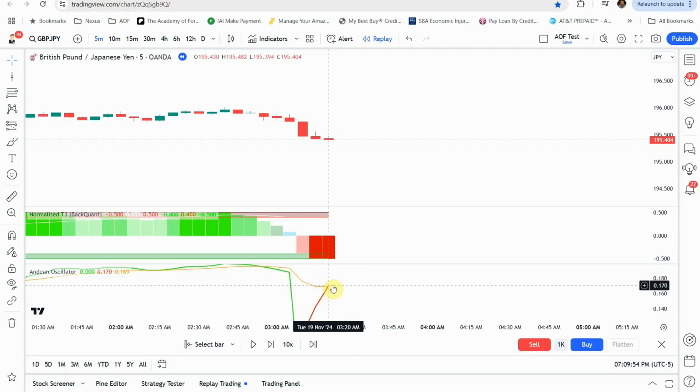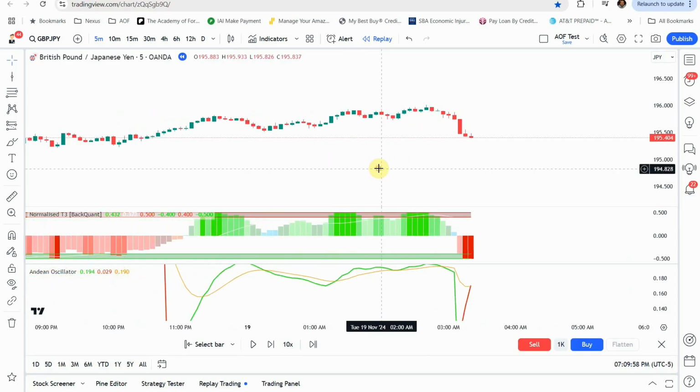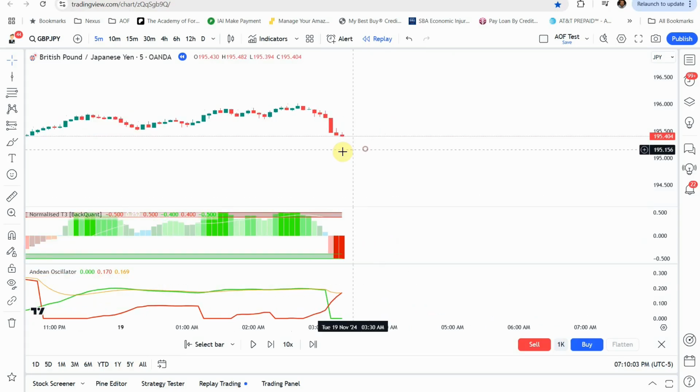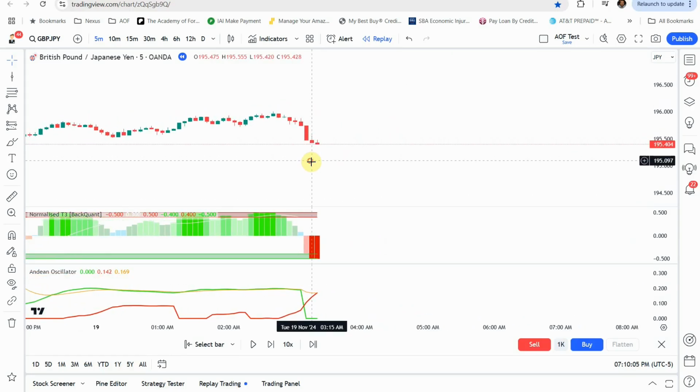That gives us confirmation of that cross. So we'll zoom back out here. Then, when we get the cross of the Andean oscillator, we look to the T3, and we want a red histogram, or the histograms below the 0 line, like it is here. Once those line up, that will be the signal to enter into a short.